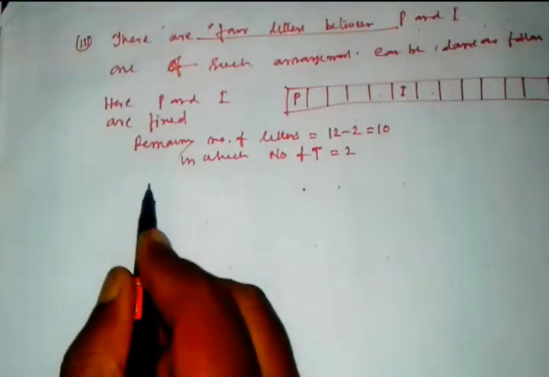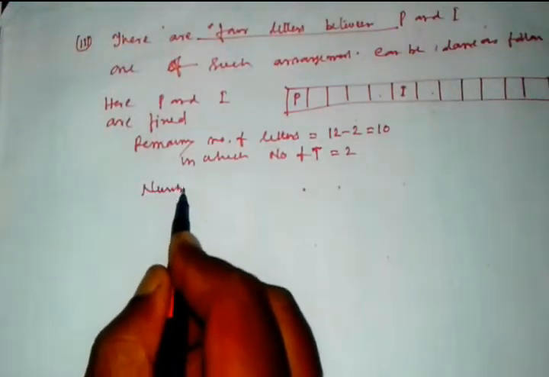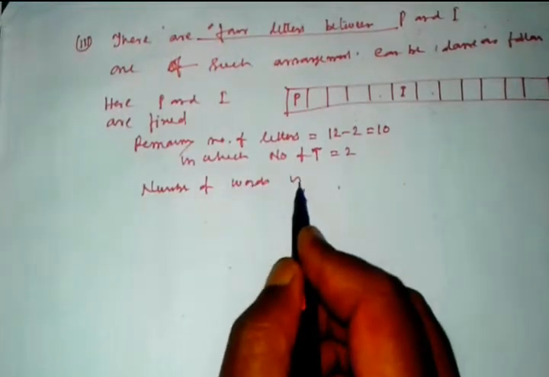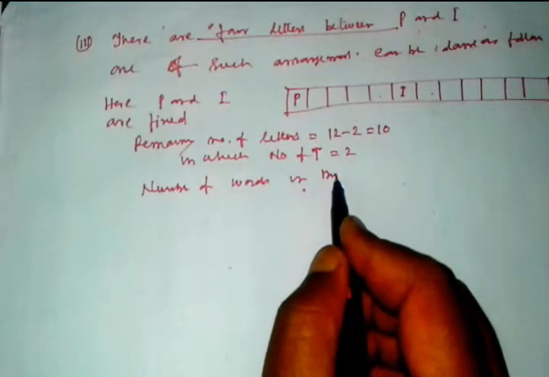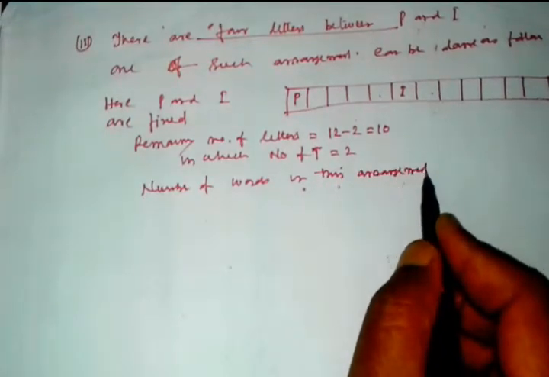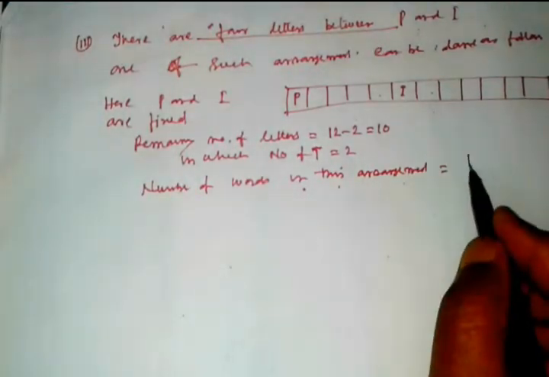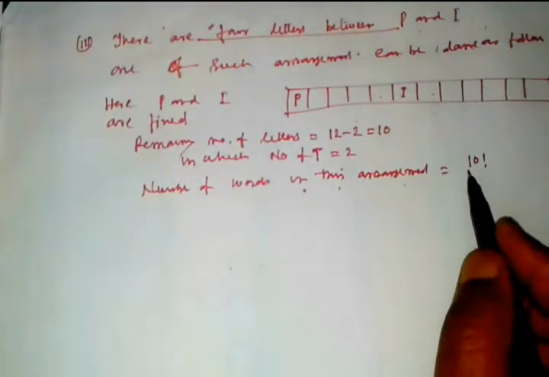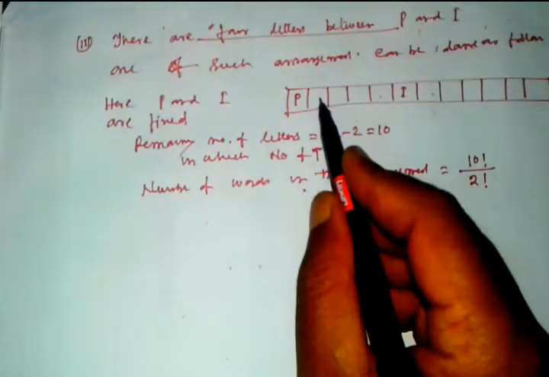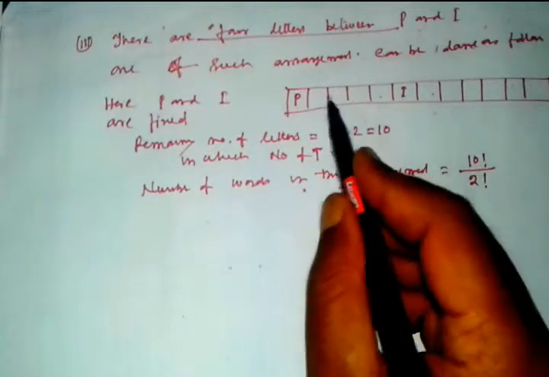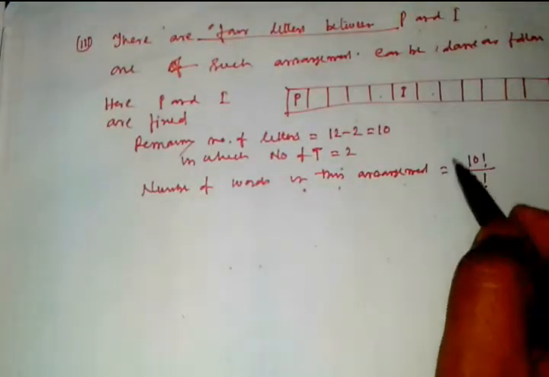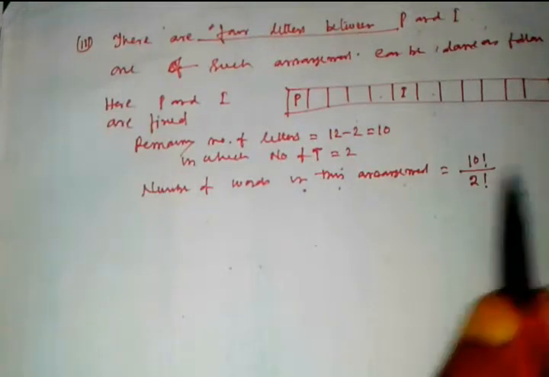The number of words in this arrangement will be factorial 10 divided by factorial 2, because the number of T is 2, and P and I are fixed. Only 10 places are to be filled with 10 letters.